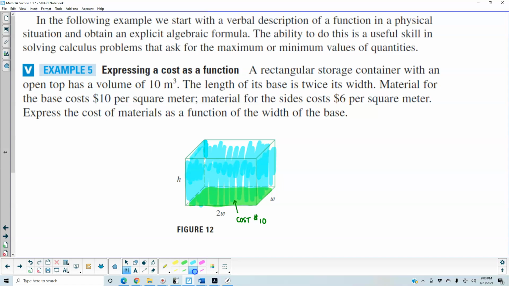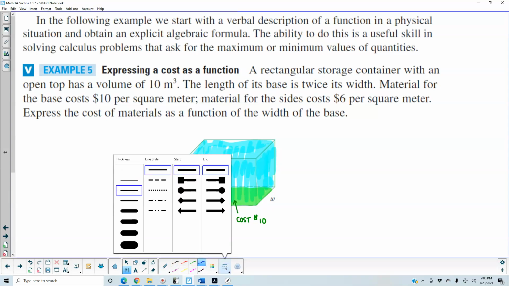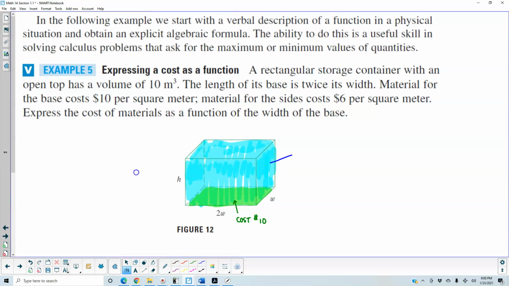Now remember that it's an open top, so we're not including that part, but we do have 4 sides, and that is $6.